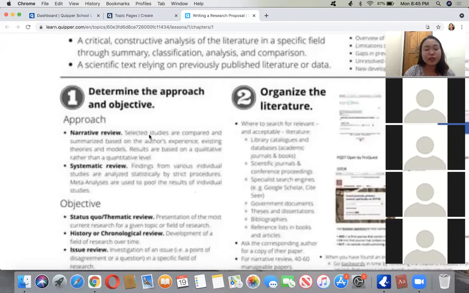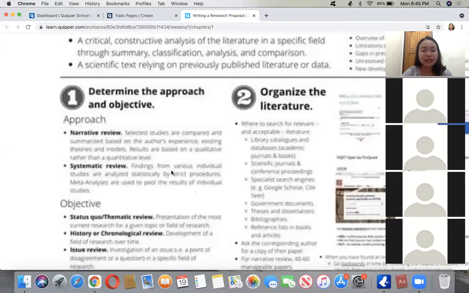In a narrative review, you select studies and then compare and summarize based on the author's experience, existing theories and models, and the results are qualitative rather than quantitative. That is why in your thesis, when you had your OJT, they were mostly narrative. If you're going to conduct research, you can have the systematic review.